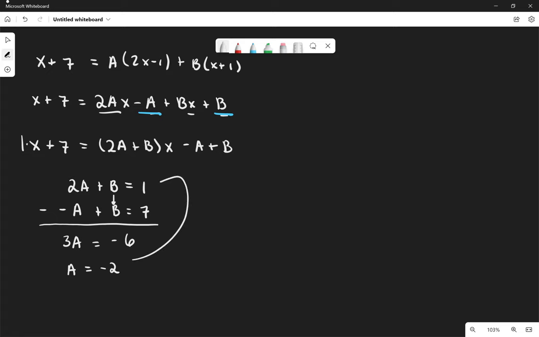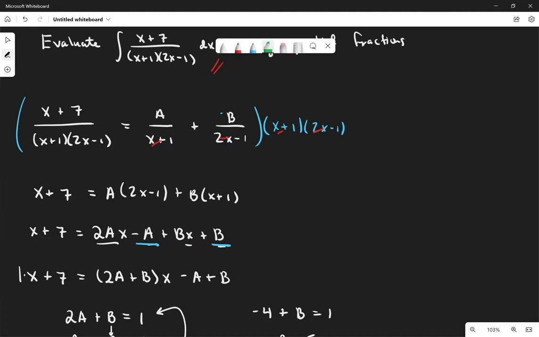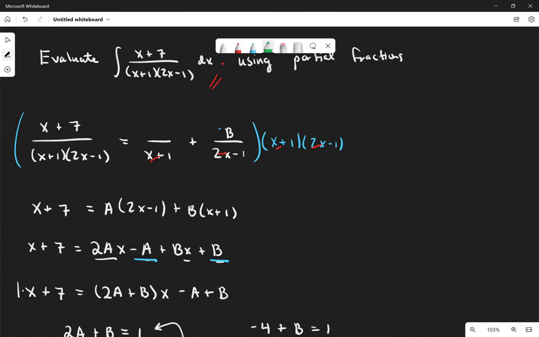I'll sub it into the first one. 2 times A is negative 4, plus B equals 1, and then I get B equals 5. So A is negative 2, and B is 5. I'll sub these back in here.